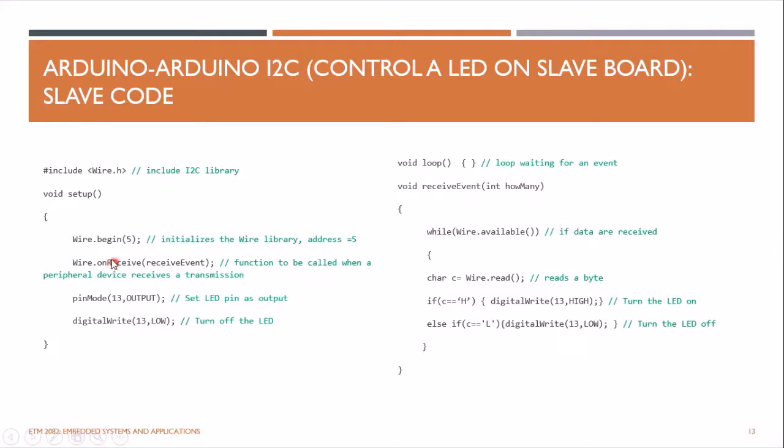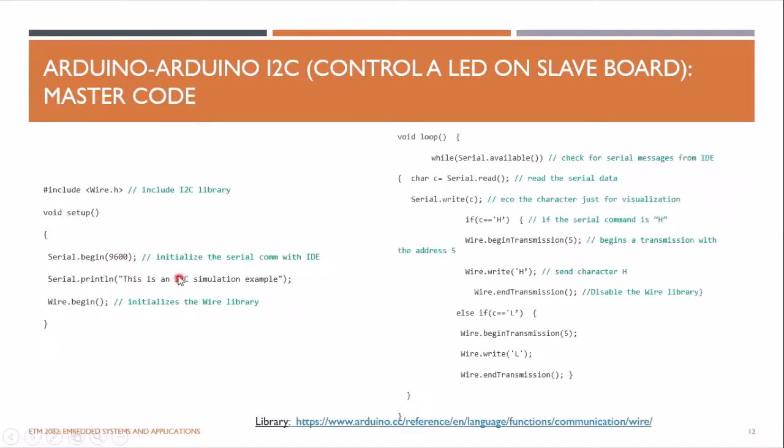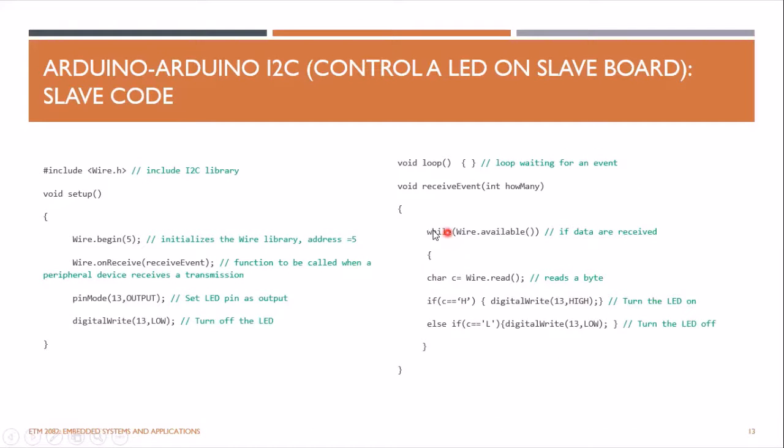So for example, now if this master sent this data, wire.begin transmission to address 5 and write H, the slave knows, okay, incoming message, so it will jump to this event, right?